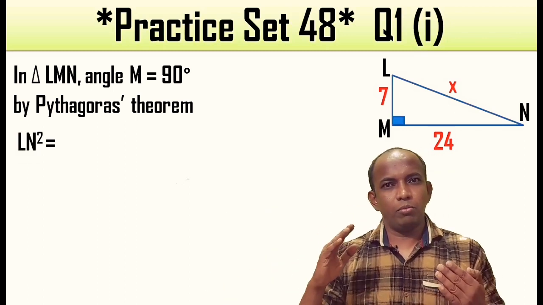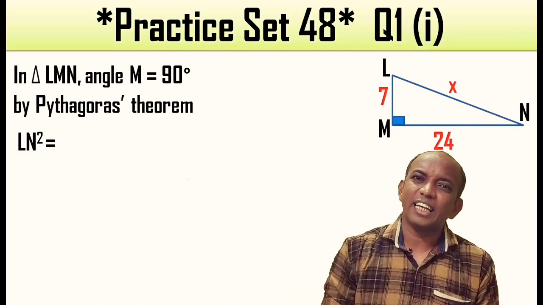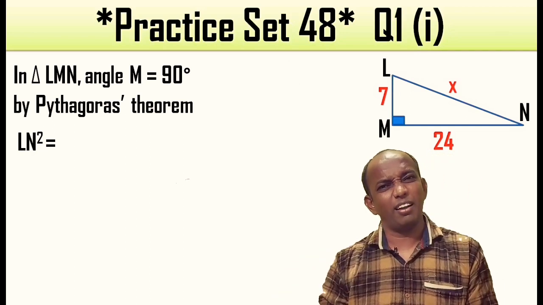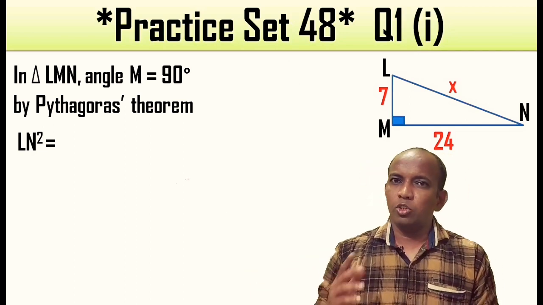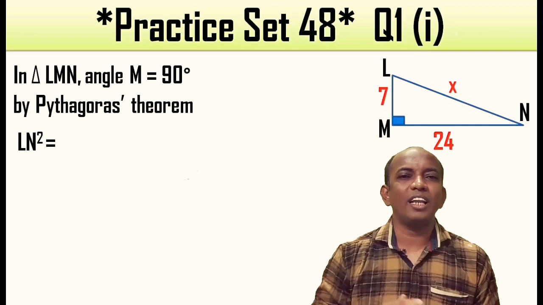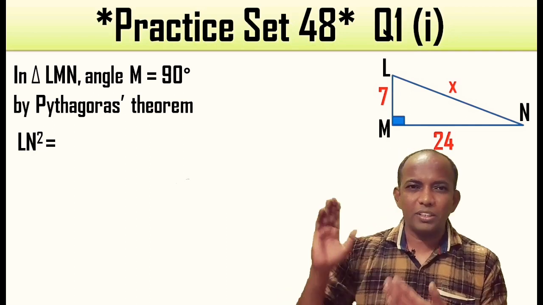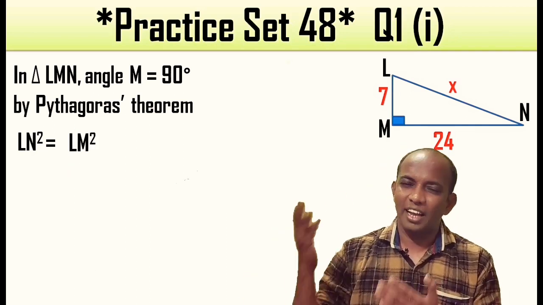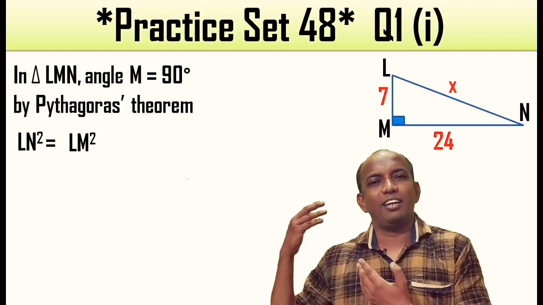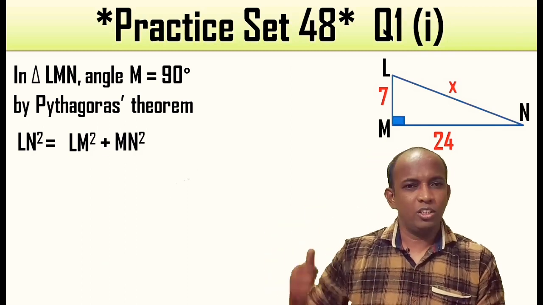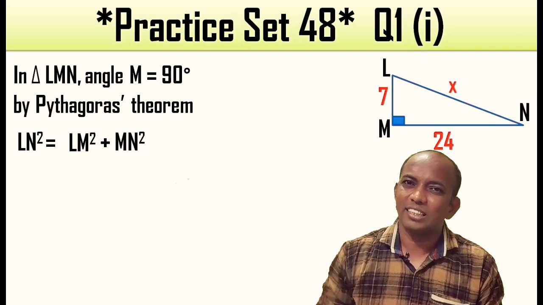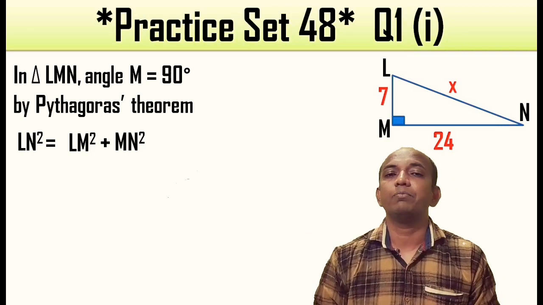Side 1, my dear, you can choose any side as side 1, and the other side will become side 2. So you can write LM also as side 1 and MN also as side 1. So presently over here I have taken LM square as S1 square and MN square as S2 square. So substitute the sides the way we decided.